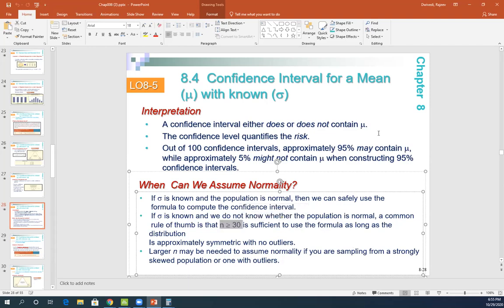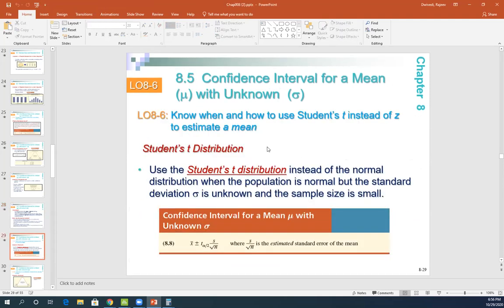Like you remember, you saw the T table, with n equal to 30 plus, the T value and the infinite value of the Z table, they come very close. So the rule of thumb is n greater than or equal to 30.